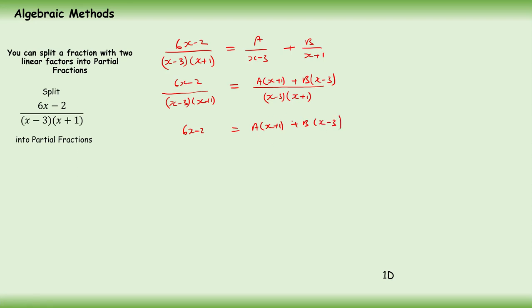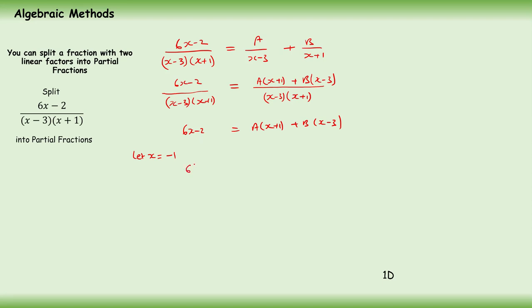Now I've got two unknowns here, A and B. To work them out I need to get rid of one of them, and then I can work out what the other one is. To get rid of this term, if x is equal to minus 1, then minus 1 plus 1 gives me 0, so that gets rid of this term. So if we say x equals minus 1, then we replace x with minus 1 in the whole equation.